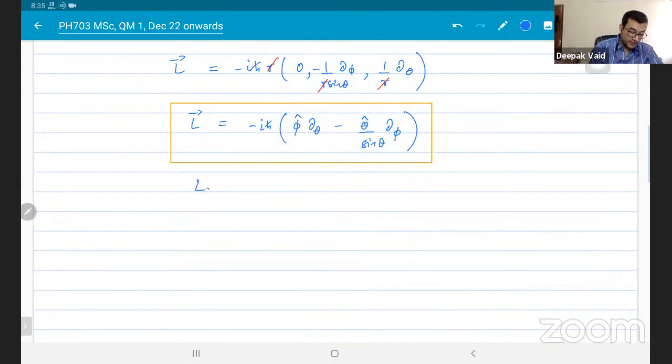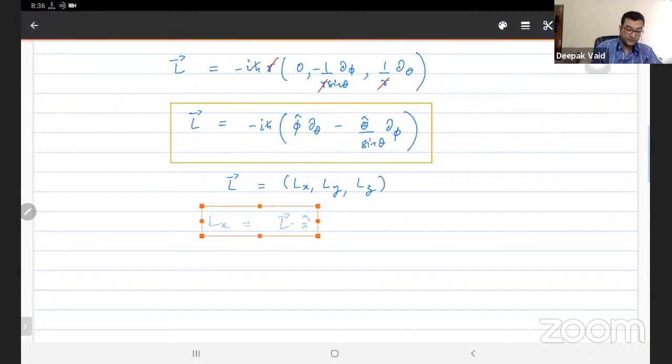Now one can ask, what is Lx? If I write L, I know that it can be written in these components Lx, Ly, and Lz. I know the expression for Lx, Ly, and Lz in Cartesian coordinates, but I can also get the expression by taking the dot product of this L vector with x hat.